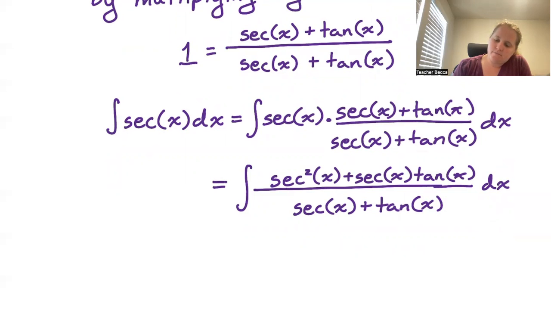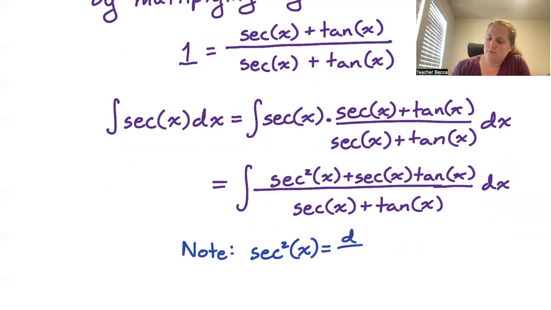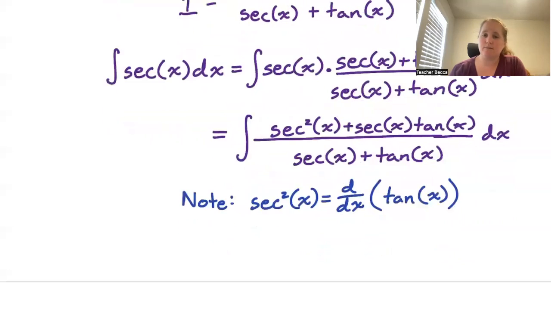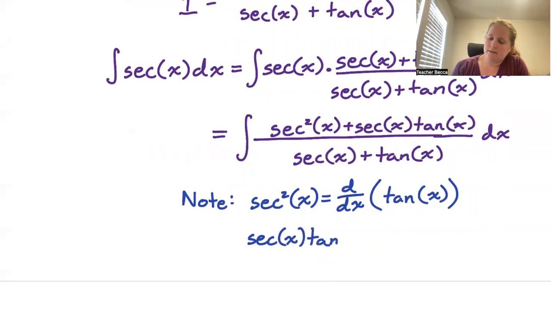Now note, secant squared of x is the derivative of tangent of x. Sorry about that, I had my terms in reverse. So secant squared x is the derivative of tangent of x. Secant x tan x is the derivative of secant of x.